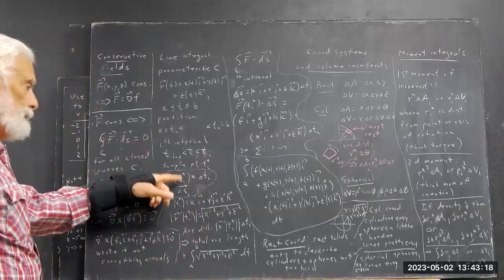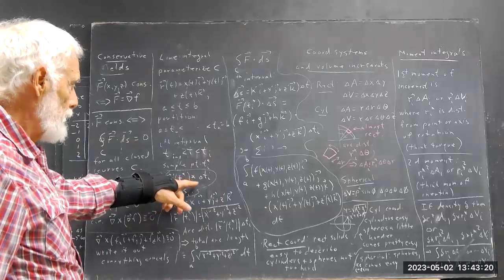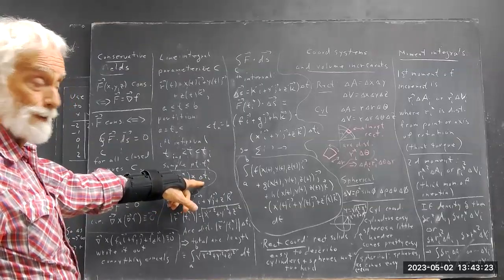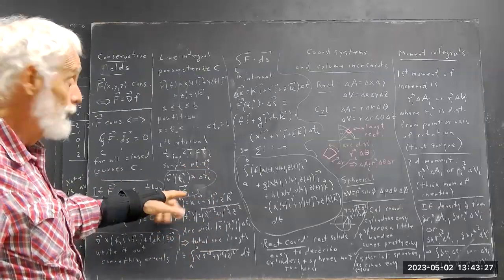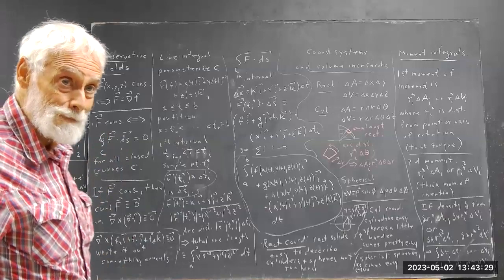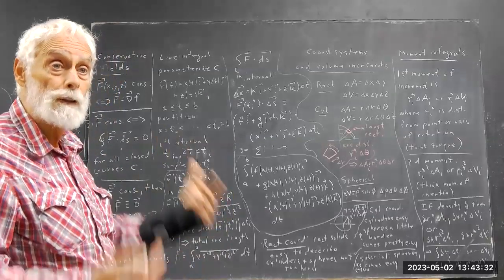Get your r prime of t i star multiplied by your delta t i. That's how far you move, as delta S i. Add them all up to get the approximate arc length, take the limit to get the integral, which gives you the arc length.